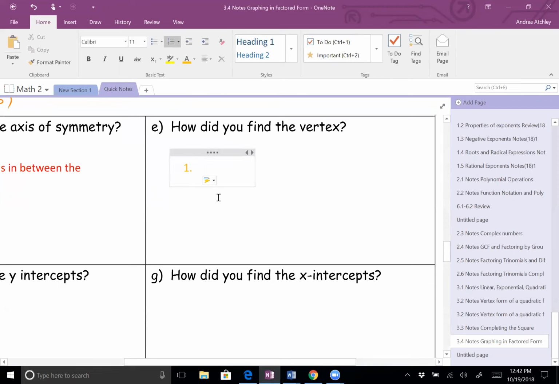What do we do? Work backwards, right? Using our a over 1, then 3a over 1, and 5a over 1.